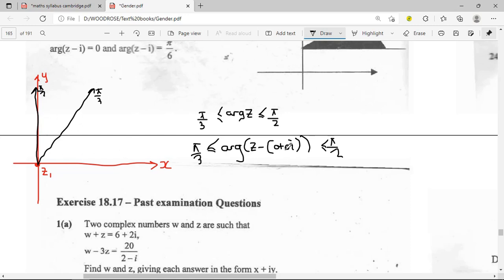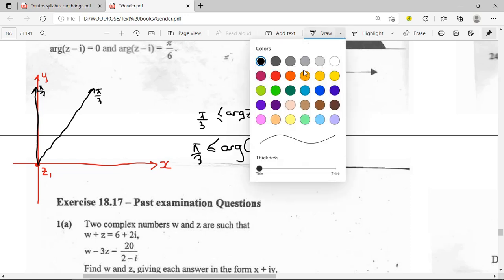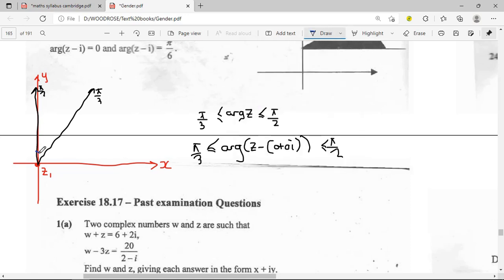So we want to shade the region between pi over 3 and pi over 2. So as you can see, it is the region between. Here we are shading the wanted region. So this is the wanted region. This is how you draw the locus of these inequalities.